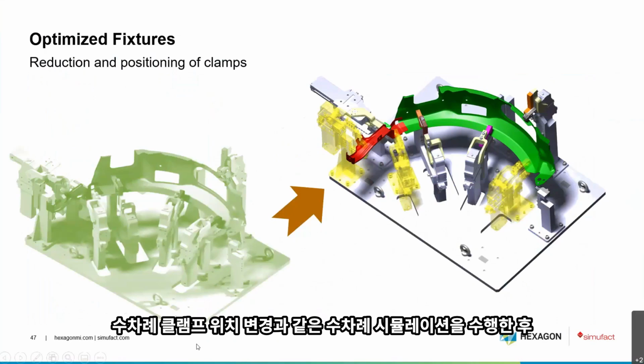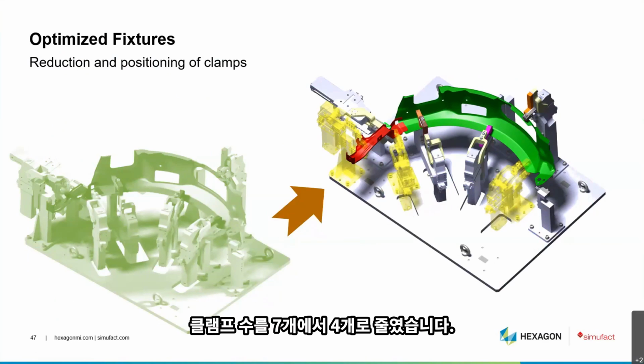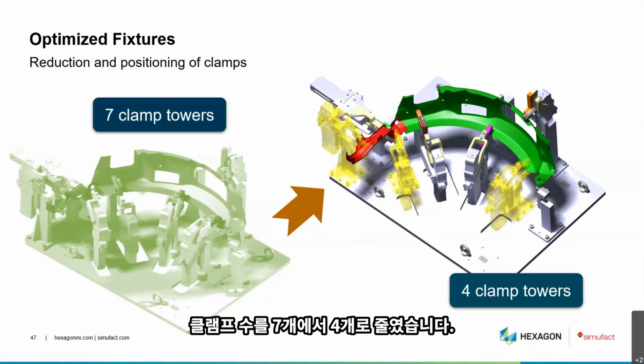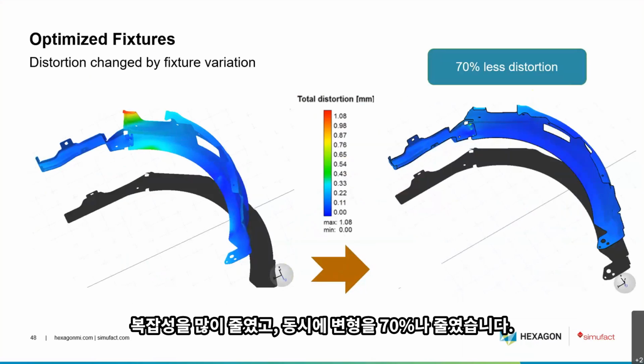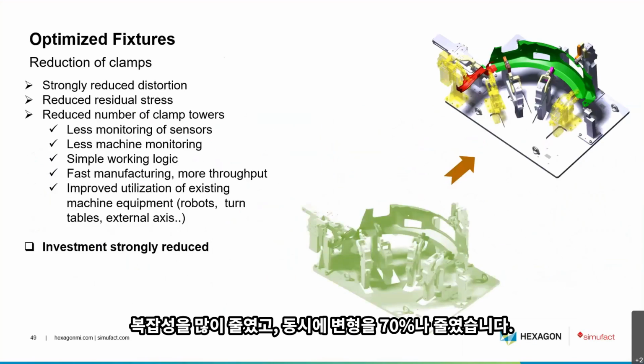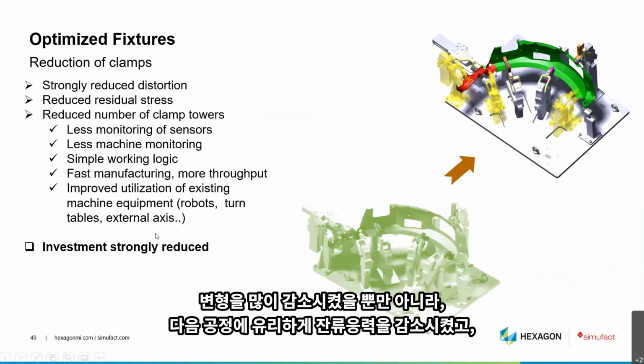By doing several simulations and positioning the clamps, they managed to reduce from 7 to 4 clamping towers, so to strongly reduce the complexity, and at the same time reduce the distortion by 70%. Besides strongly reduced distortion, they achieved reduced residual stress.